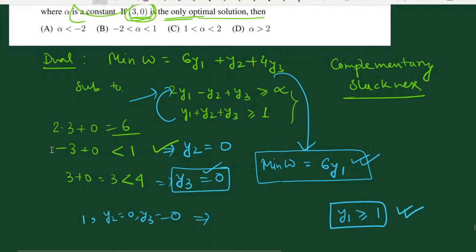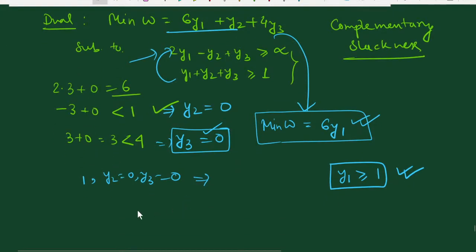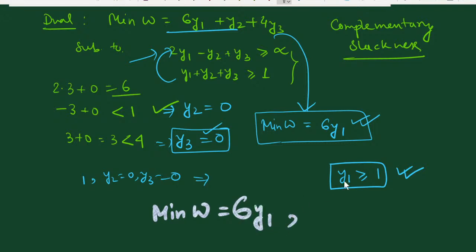Now we have to minimize this objective function, which includes only the dual variable y1. That is, we have to minimize w equal to 6y1, and we know that y1 is greater or equal to 1.